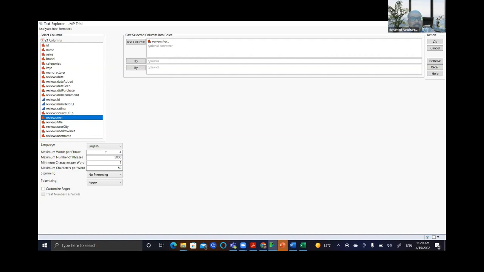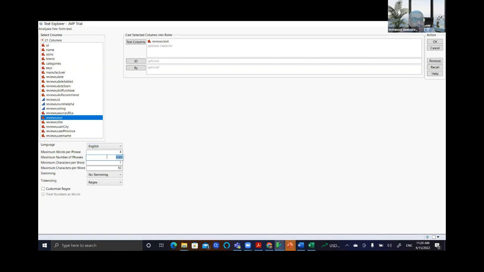For example, a phrase like Amazon Kindle Fire is a 3-word phrase, or Amazon Prime selling price is a 4-word phrase. So here we specify the maximum words we want in a phrase. If you don't want phrases, we can easily put 1.